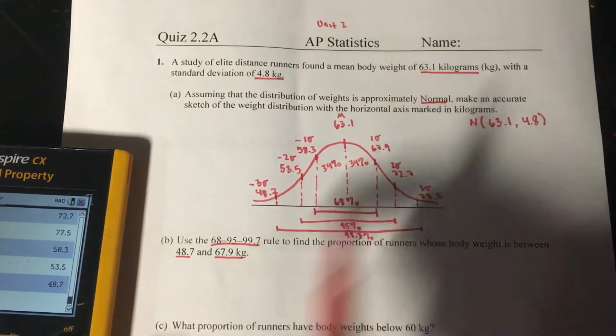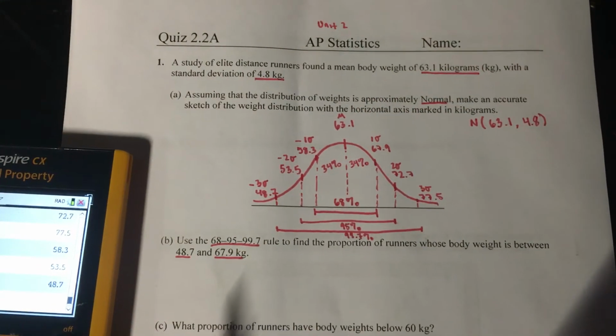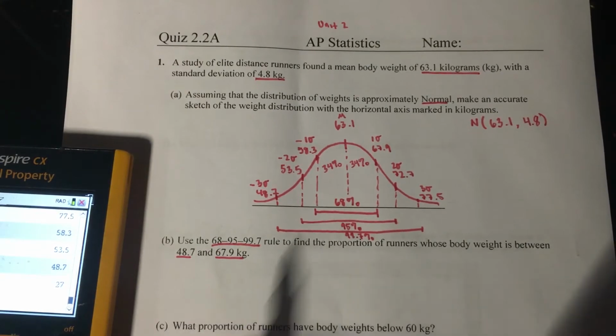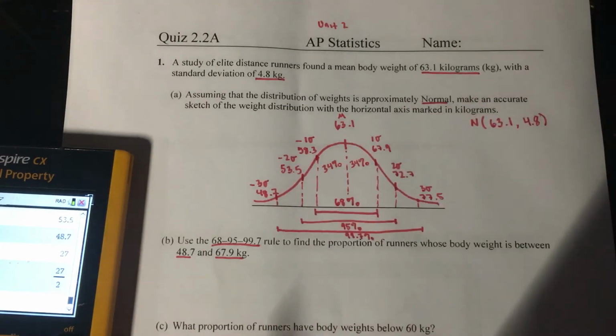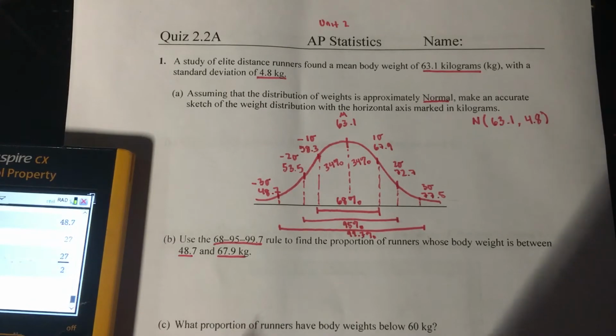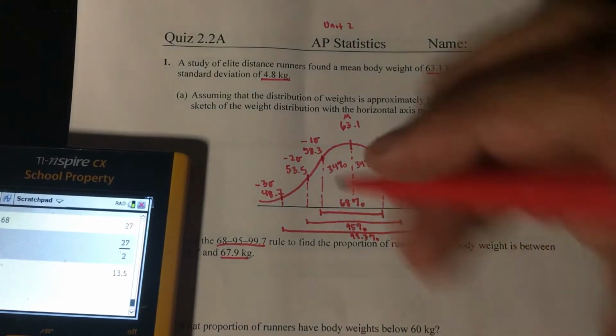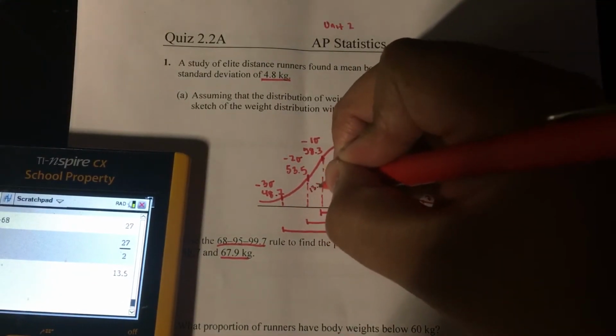This right here is 95 minus 68, which is 27%, and when I divide that by 2, it equals 13.5% in this little section.